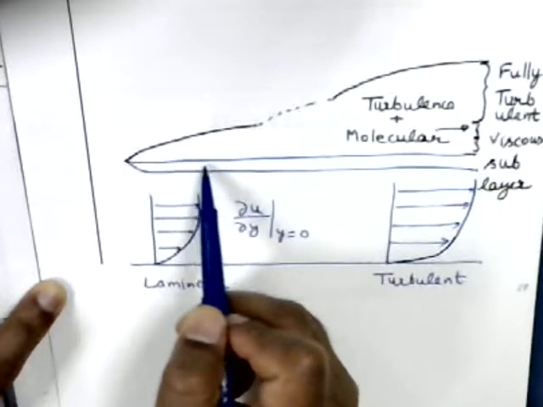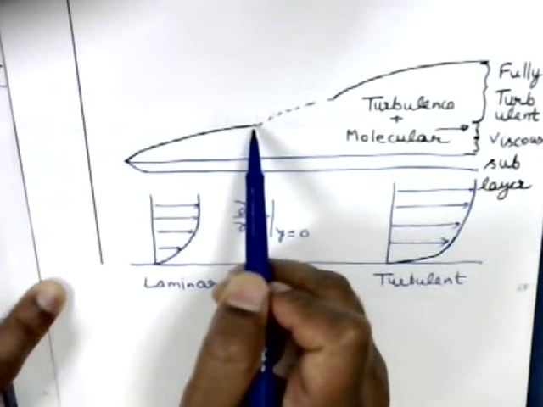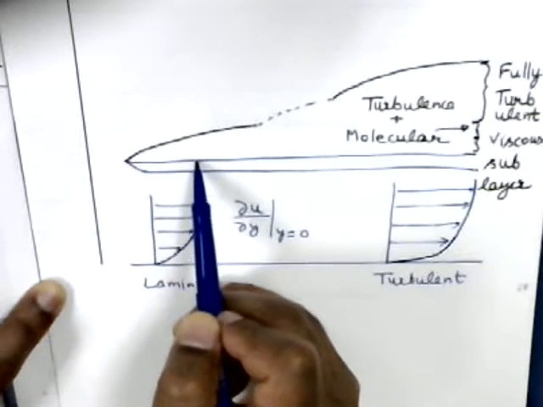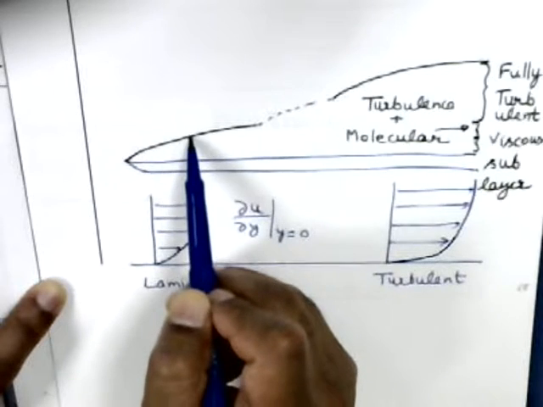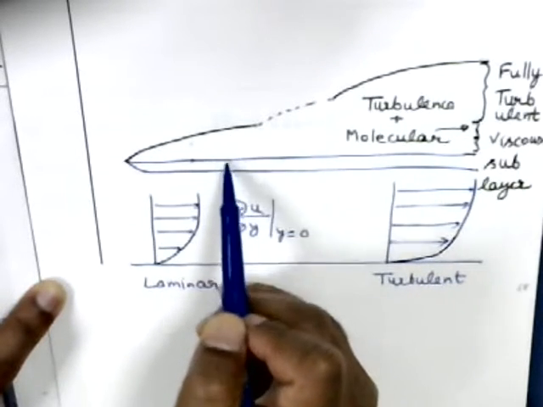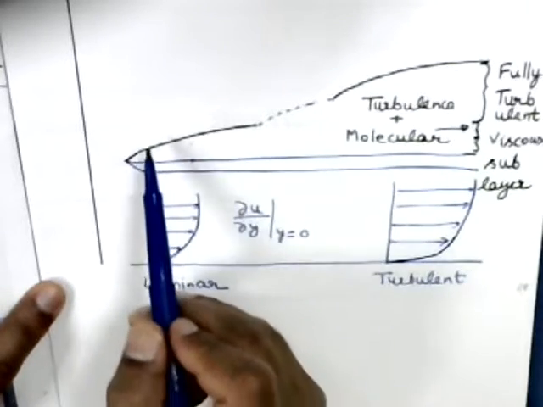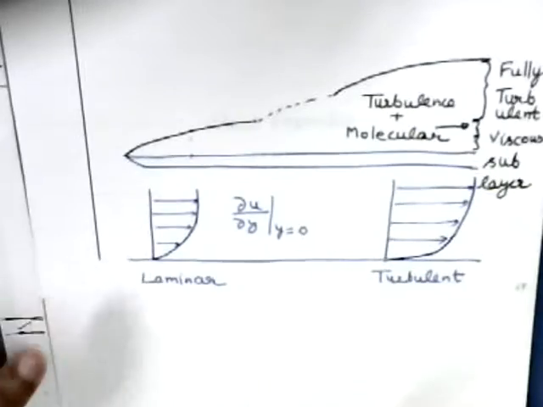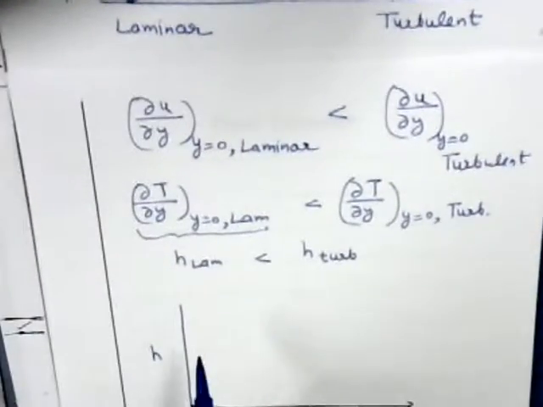Now as x increases, the boundary layer thickness increases and the temperature gradient at the wall decreases because temperature goes from Ts to T infinity across the boundary layer. So if the boundary layer is thicker, then the temperature gradient at the wall decreases, and because of that the convection coefficient decreases. So it goes like this.